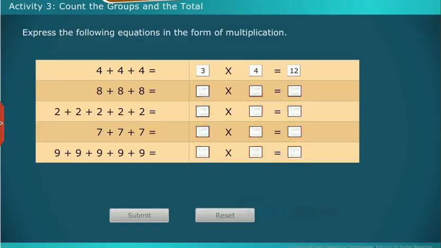Here we take another activity to count in groups and also the total. Express the following equations in the form of multiplication.